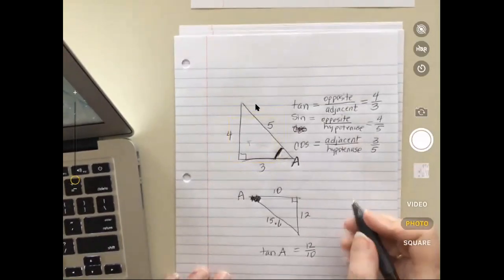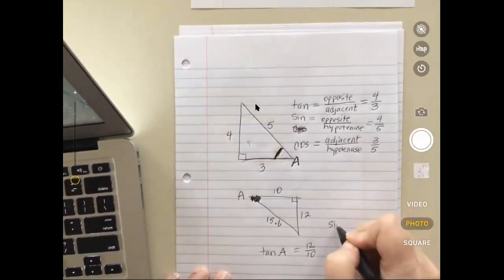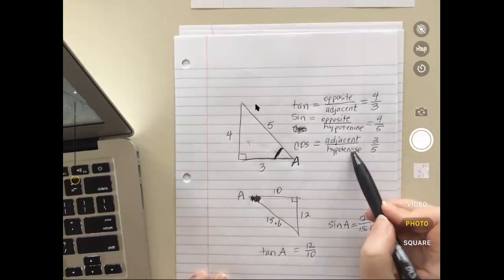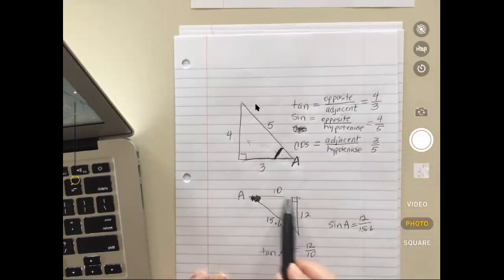If I wanted to know the sine of angle A, sine is opposite over hypotenuse, so 12 over 15.6. If I wanted to know the cosine of angle A, it's adjacent over hypotenuse, so the one touching angle A, 10 over 15.6.